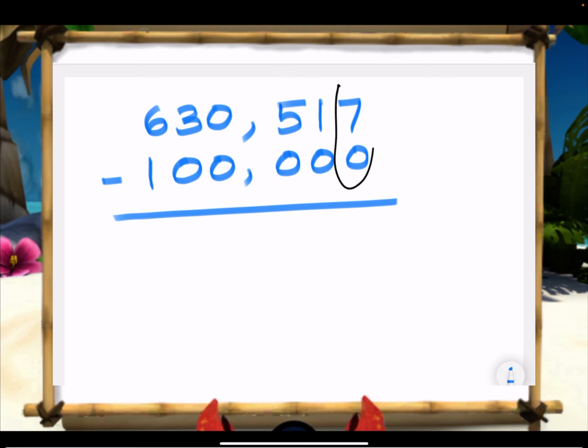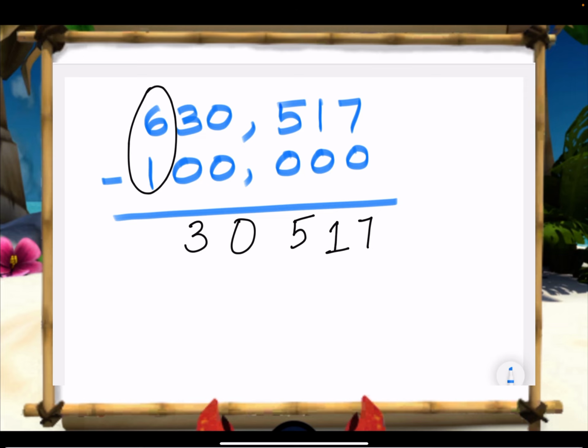So let's start subtraction. 7 minus 0 is 7. 1 minus 0 is 1. 5 minus 0 is 5. 0 minus 0 is 0. 3 minus 0 is 3. And 6 minus 1 is 5.